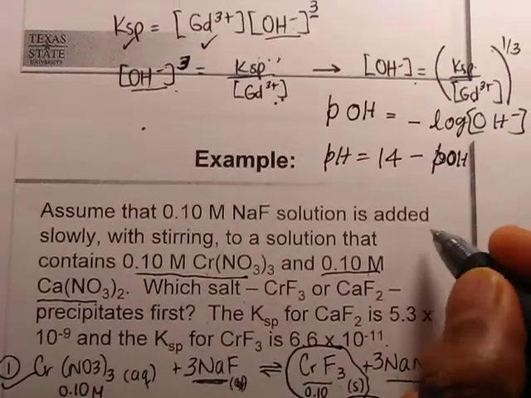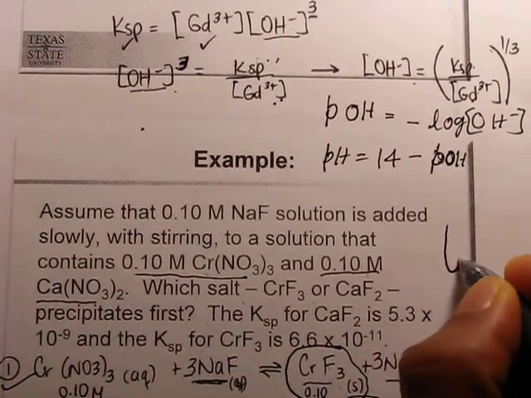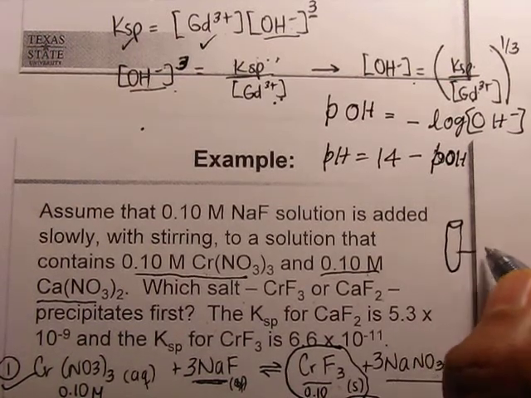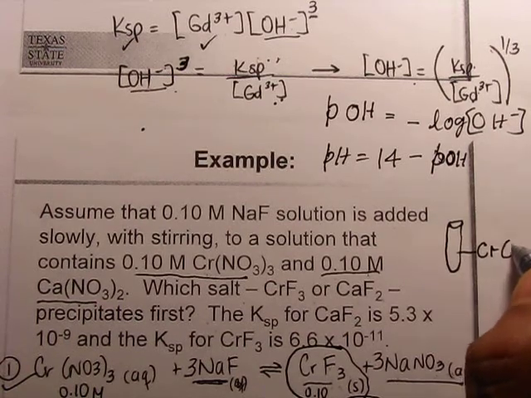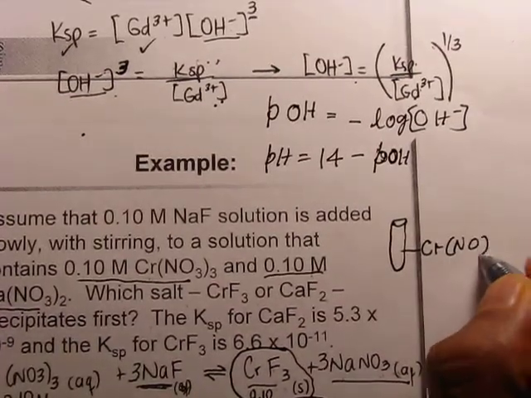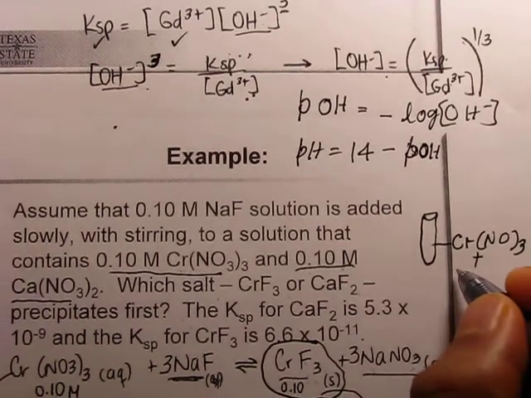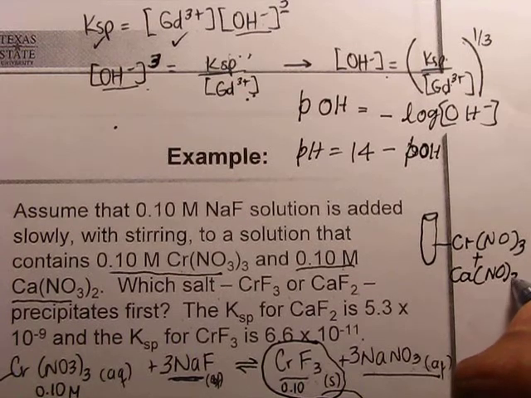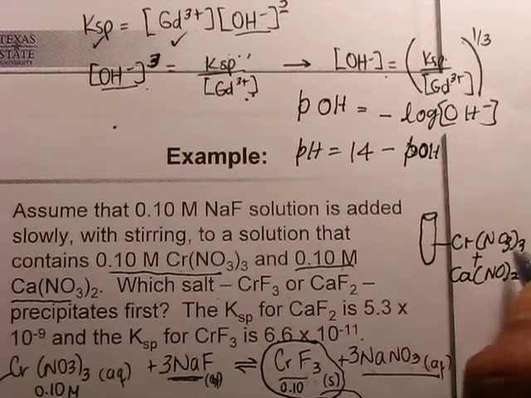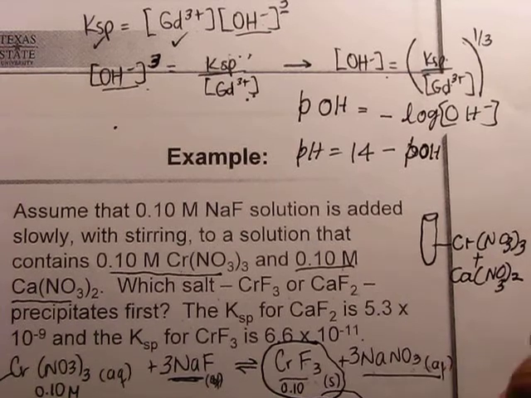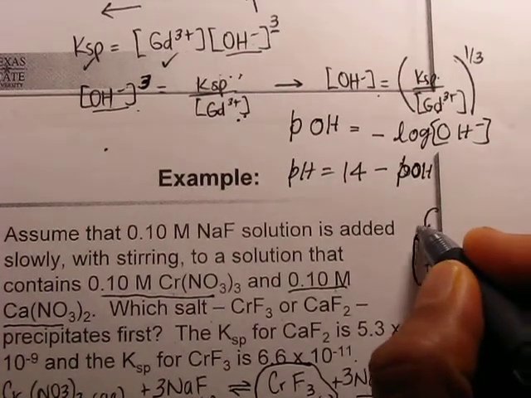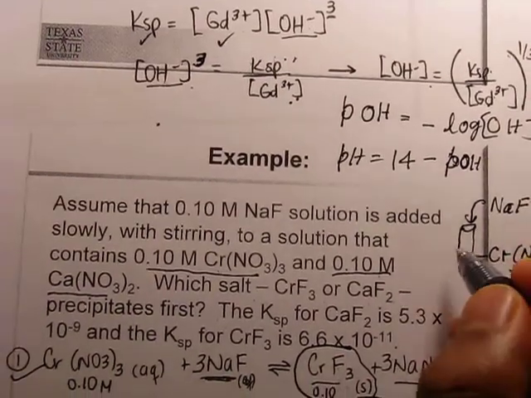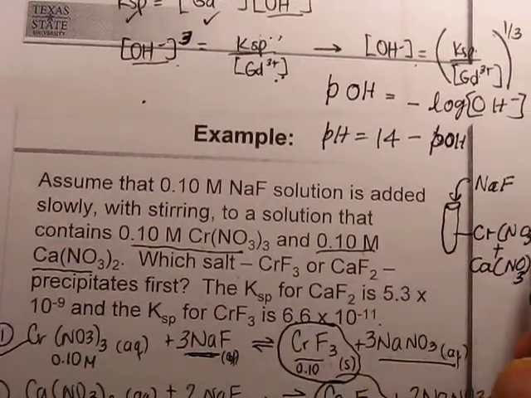So here you can understand it like this: we have a test tube that has chromium nitrate plus calcium nitrate, and we are adding sodium fluoride slowly to this solution. So which salt will precipitate first?